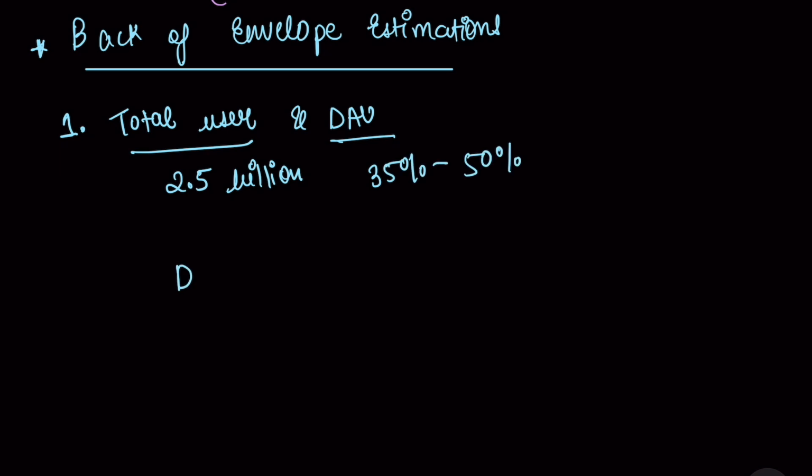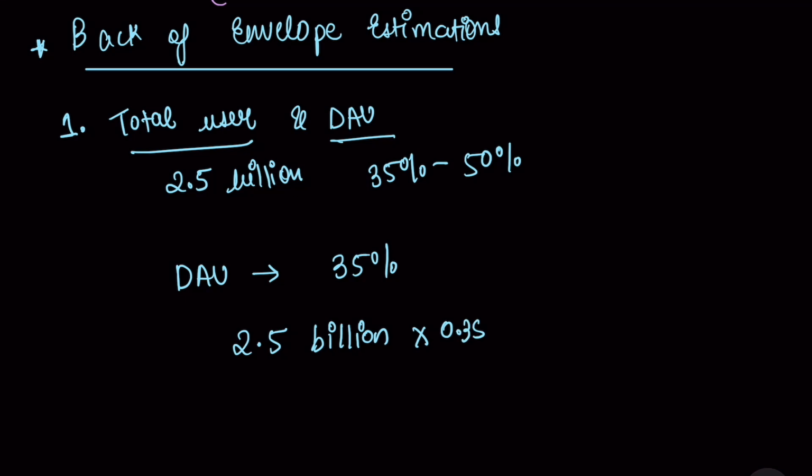So for the daily active users of YouTube, let's suppose we have 35%. So if we calculate, we have to do it like this: 2.5 billion multiplied by 0.35, because we have converted the percentage, and this will be nearly equal to 875 million DAU.